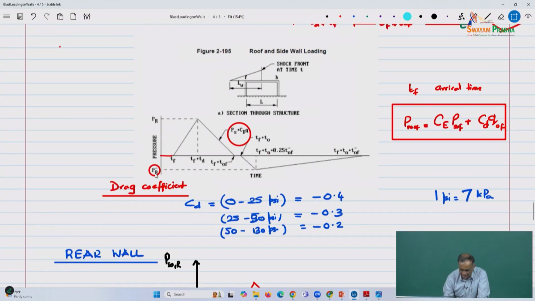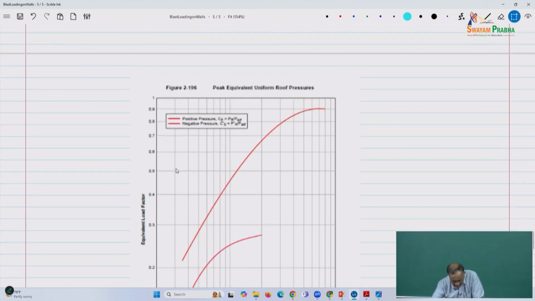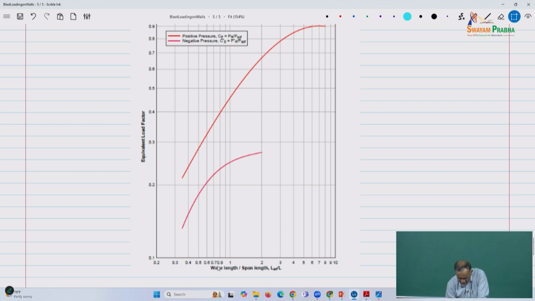So, CE is what is known as the equivalent load factor, and it is a function of the wavelength to the span length that you consider. So, CE is an equivalent load factor.